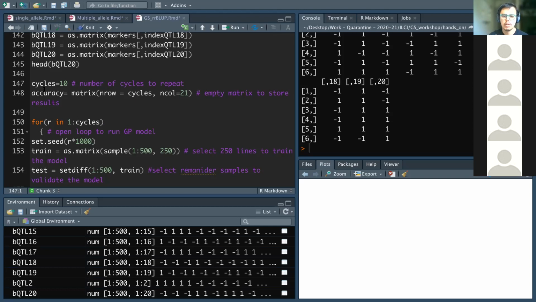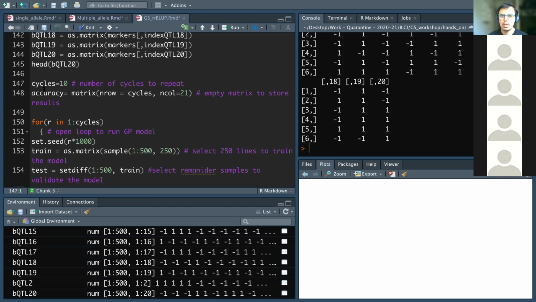So if you remember the concept of allele substitution effect, that depends on the allele frequencies, and that is why the genotypes that are in the training population can produce different estimations of the allele substitution effects.